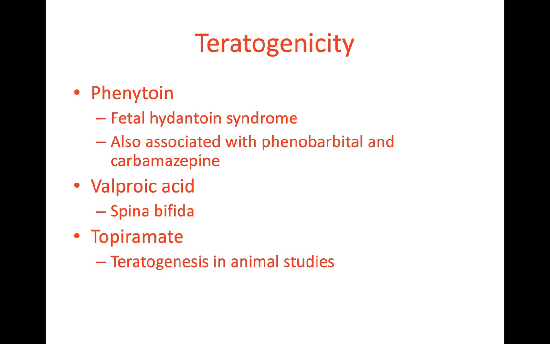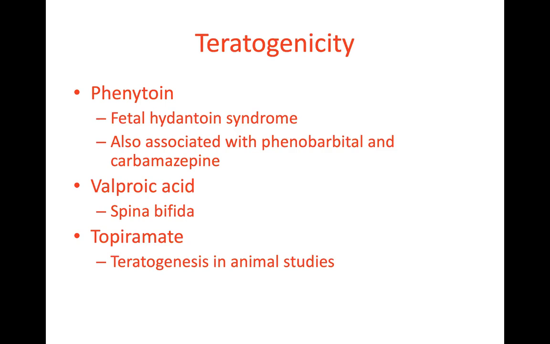Topiramate, we don't have any human studies, but there were findings demonstrated in animals. That always throws a question there. I meant to tell you about the fetal hydantoin syndrome.